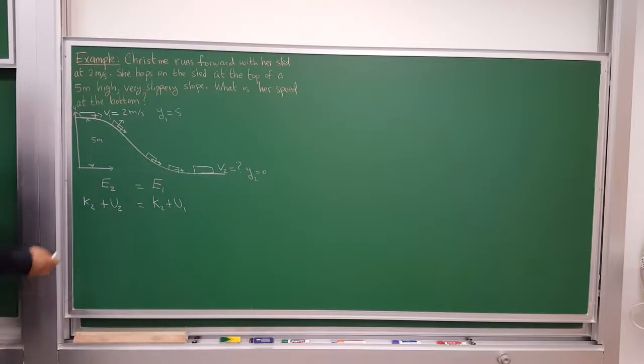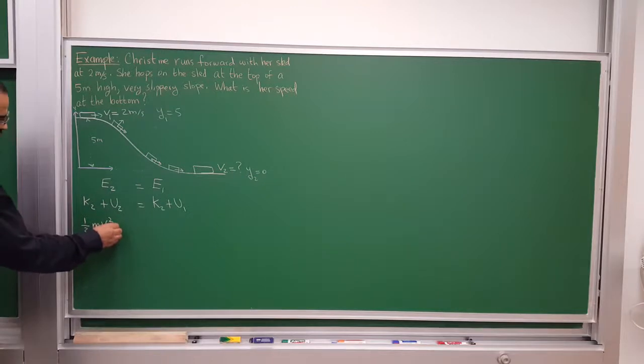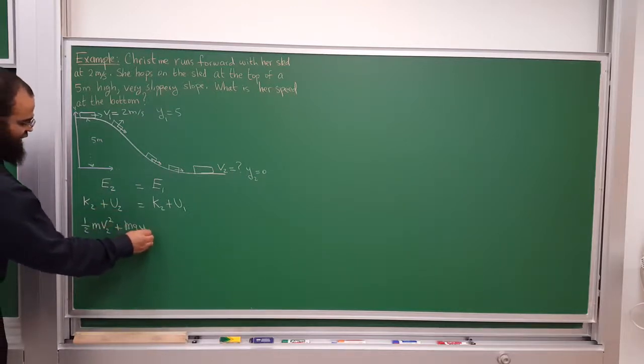Now, the kinetic energy at the end is 1/2 m, whatever the mass is, times V2 squared, plus the potential energy, which is the mass times gravity times the height at the end.